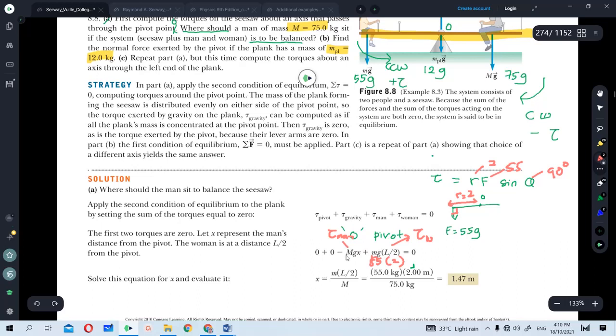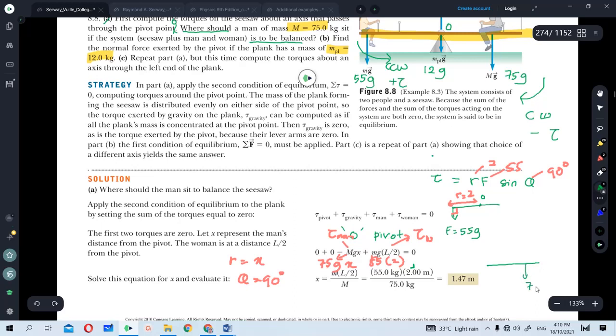Notice that this is carrying a value equivalent to 75 times g times the r, which is X. r is the unknown X. Again, the angle here is 90 degrees, because if you draw for the man, he will look something like this.